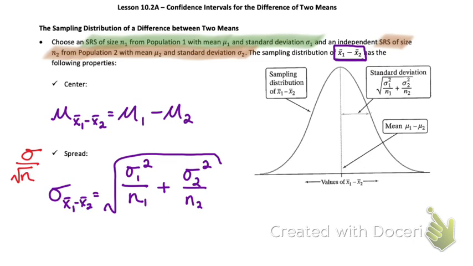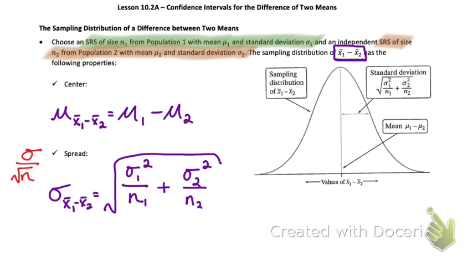I can't cancel out these squares because I have to combine these first. If I canceled those out, it's not mathematically equivalent. I have to do what's under the square root first. Okay? All right, so there's our standard deviation.